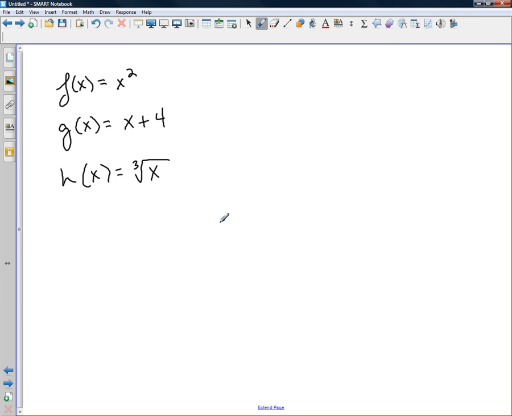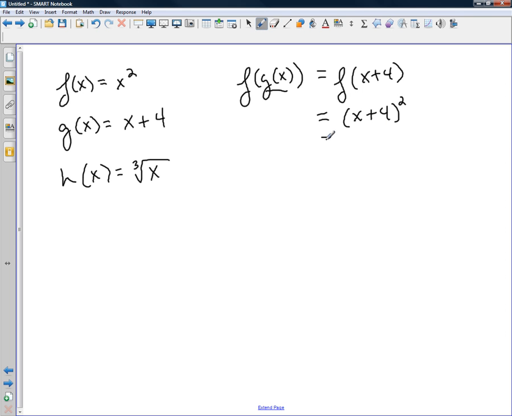So let's take a couple of compositions like f of g. Well, take my g of x out and put in its place what g of x is, and isn't that x plus 4? Recall that f is the squaring function, right? So that means take whatever you've got and square it.